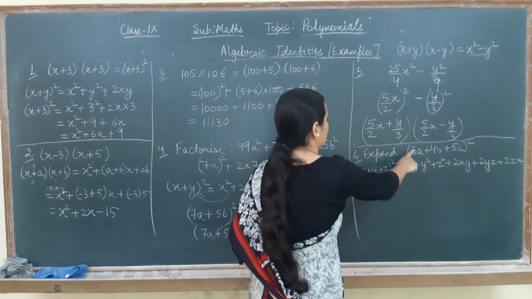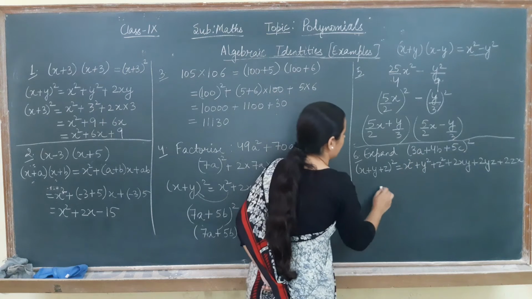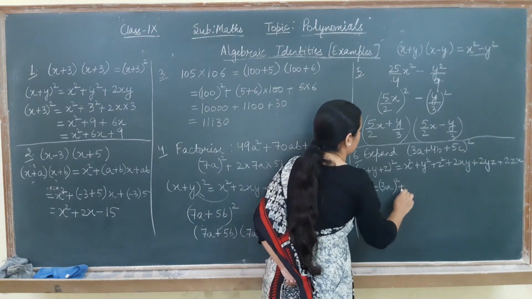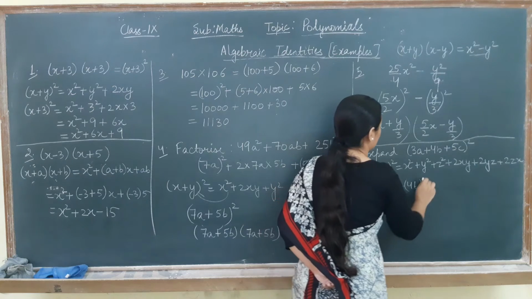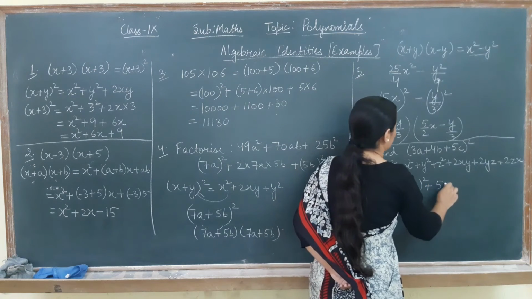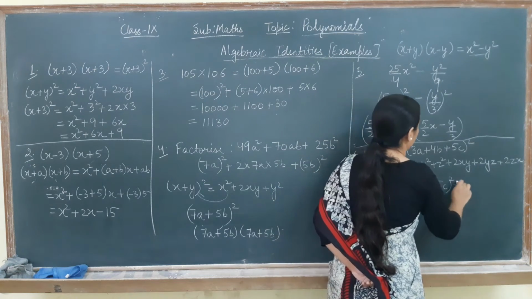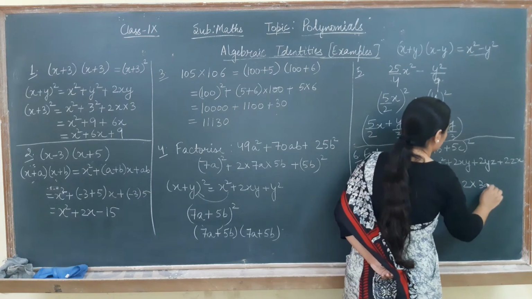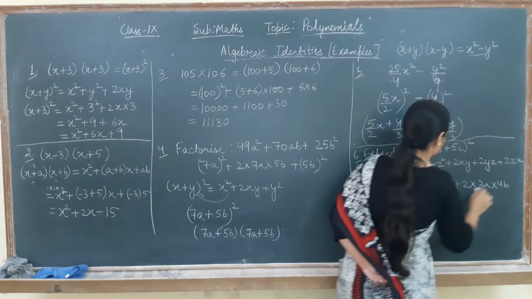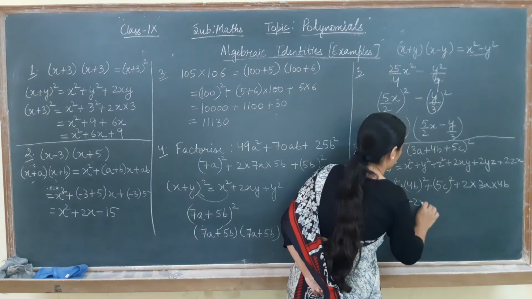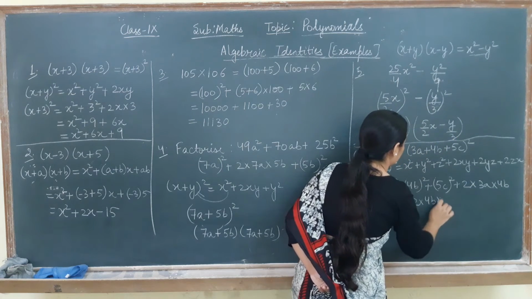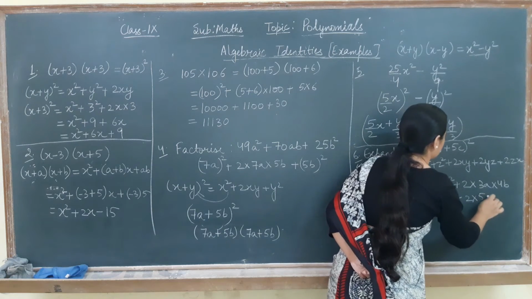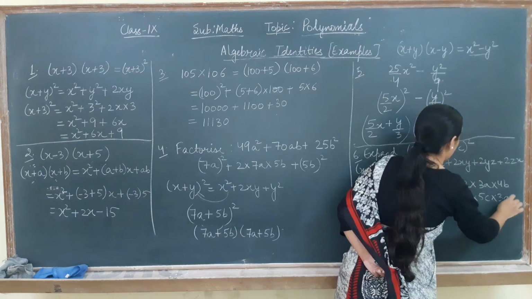Fine. So if I take x as 3a, this will be 3a square plus 4b square plus 5c square plus 2 into 3a into 4b plus 2 into 4b into 5c plus 2 into 5c into 3a.